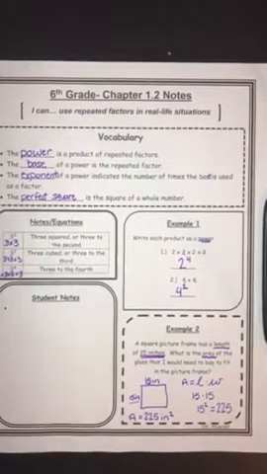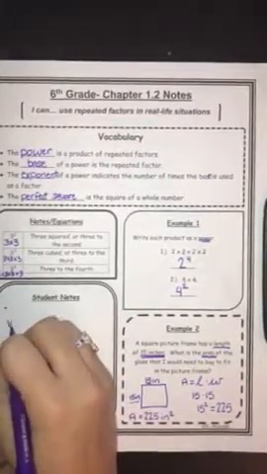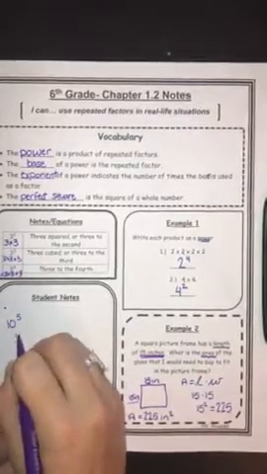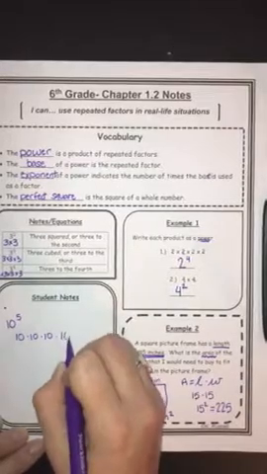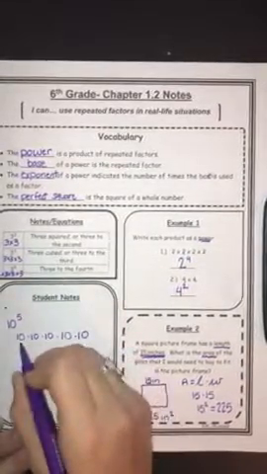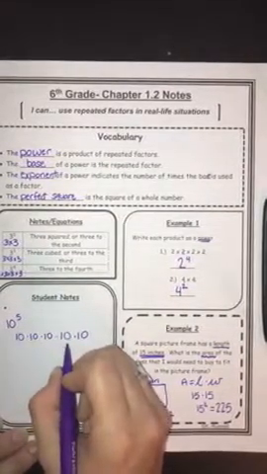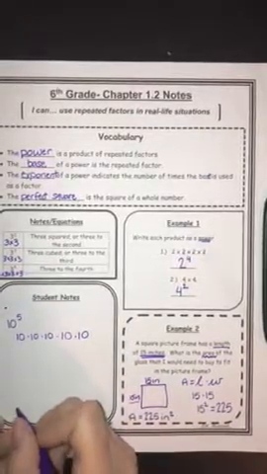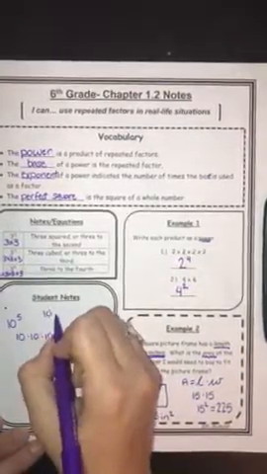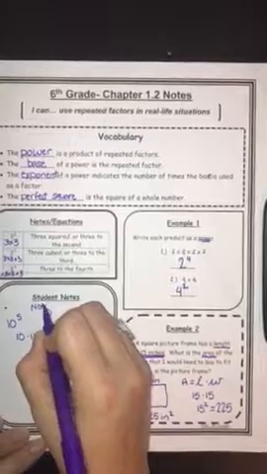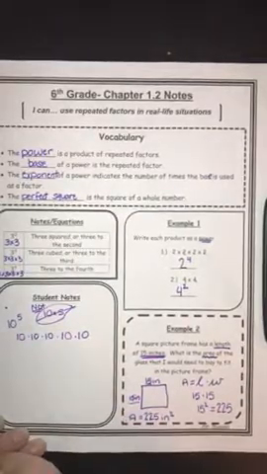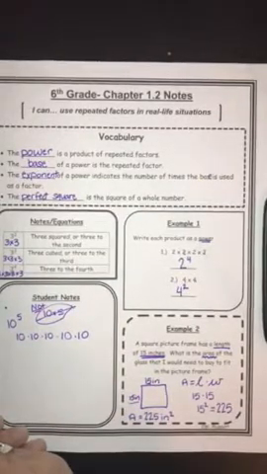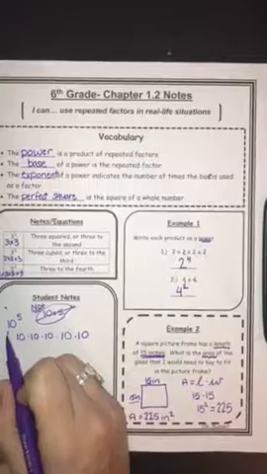So if it's 10 to the 5th, it's just an example, we would have 10 times 10 times 10 times 10 times 10. 1, 2, 3, 4, and 5. Okay, it is not 10 times 5. That's not how we do it. So make sure you remember not to do it that way, but it is equal this way.